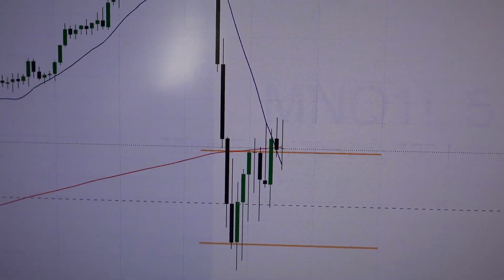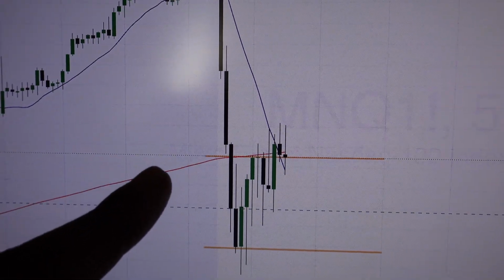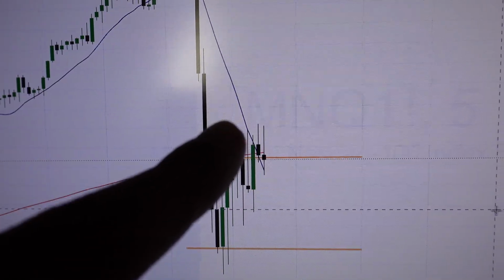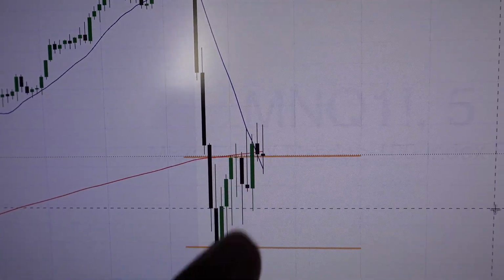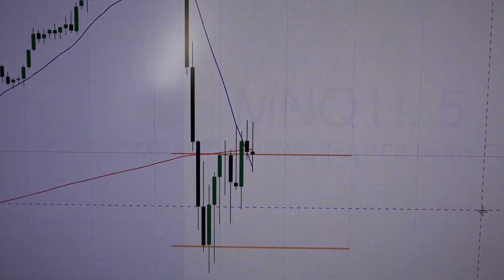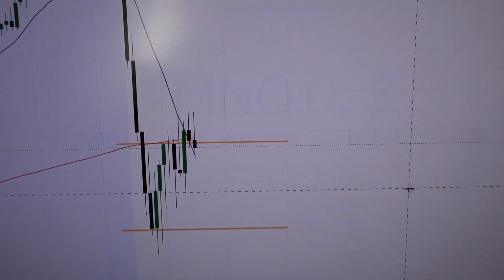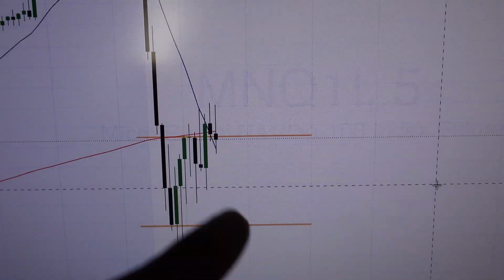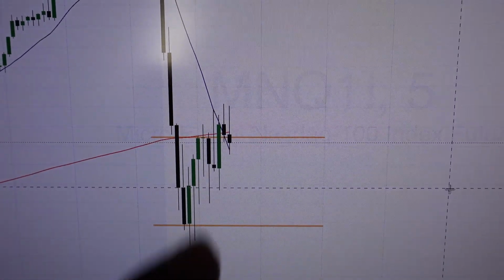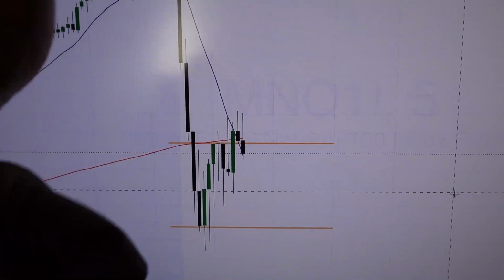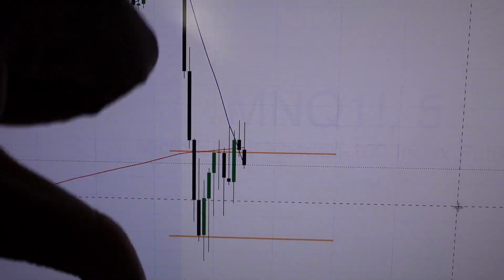Like I said before, the 200 SMA and the 13 SMA have crossed. So we're now looking for sales. My fault, not buyers. We're going bearish, going south, man. Bulls are up, bears are down.